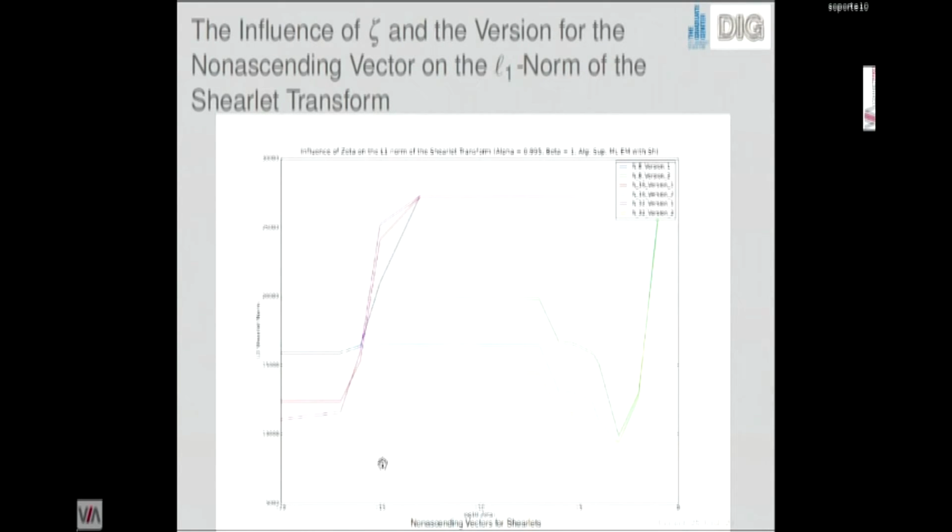On the other hand, when you use version 2, for small values of theta, you have stable behavior, but quite magically, when theta gets to be as large as 10 to the minus 3, the output at the end of the termination has a smaller L1 norm of the Shearlet transform. Quite substantial improvement, as you can see here. So magically, this version 2 gives you better results, but better results for much larger theta.